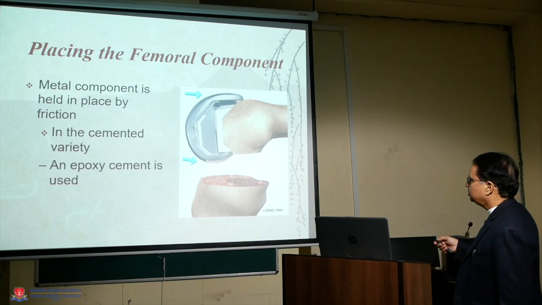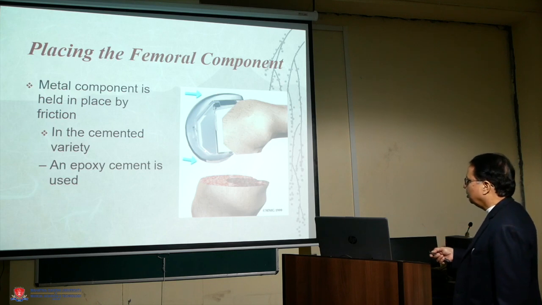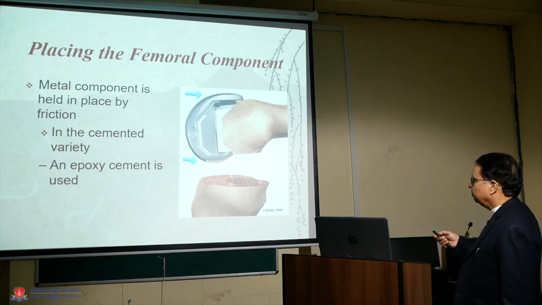So what are the cuts we have here? We fix the distal metal femoral component on those cuts, and this is a tibial top which we cut this way. But before putting it, we put a layer of cement here and here.